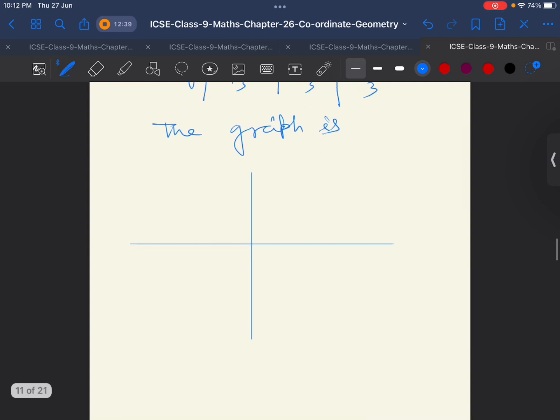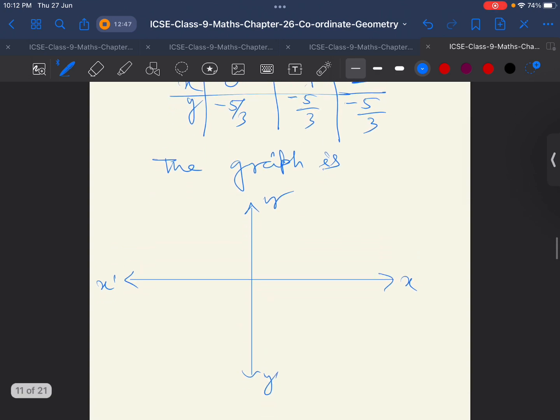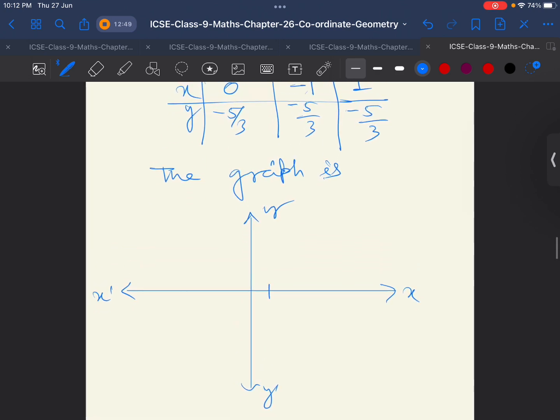X and y. This is x dash, and this is y dash. Okay, so first, minus 5 by 3.